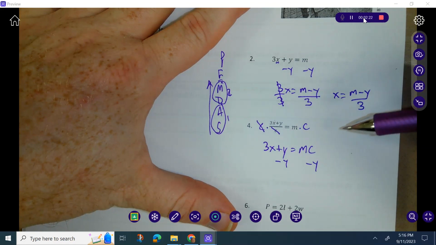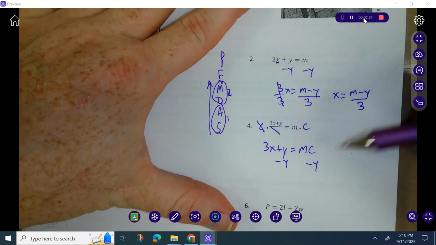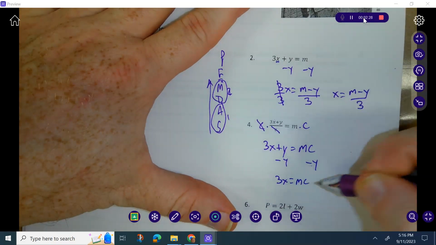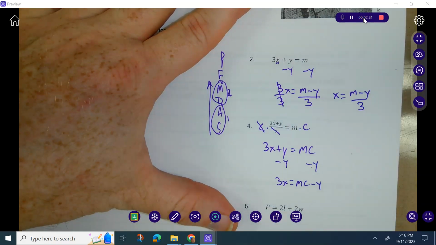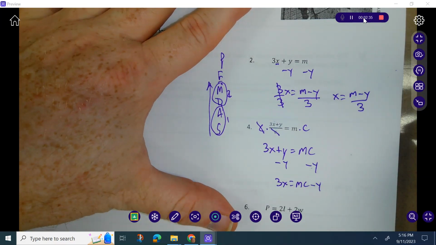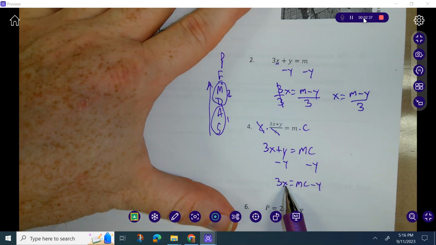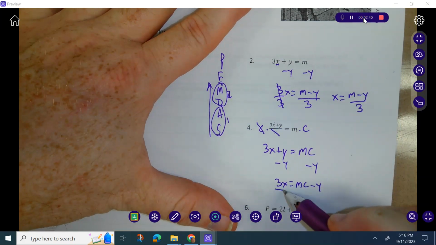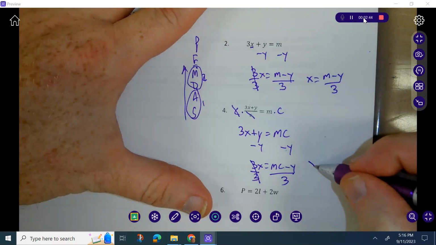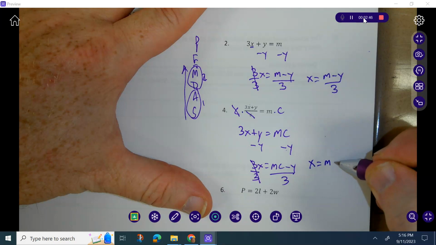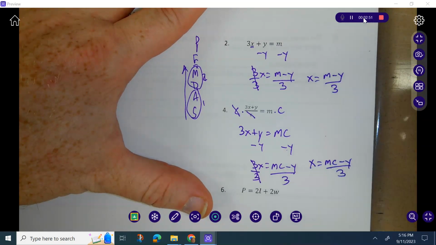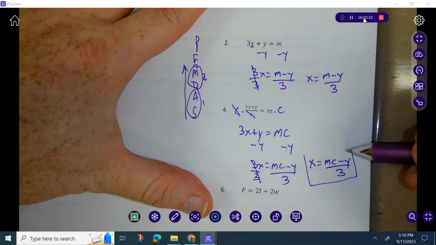But I don't know what mc minus y happens to equal, so I'm just going to leave it as mc minus y. Now this is 3 times x, so I'm going to undo that by dividing both sides by 3. And we get x equals m times c minus y, divided by 3. That is your answer.